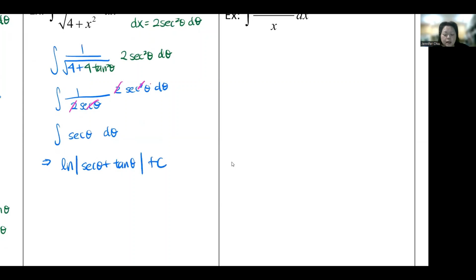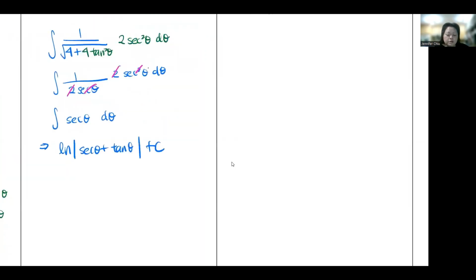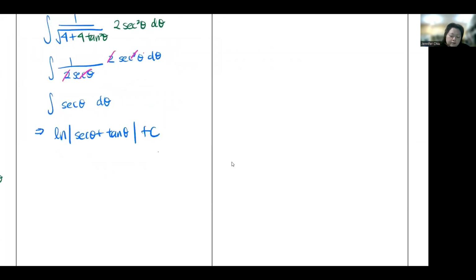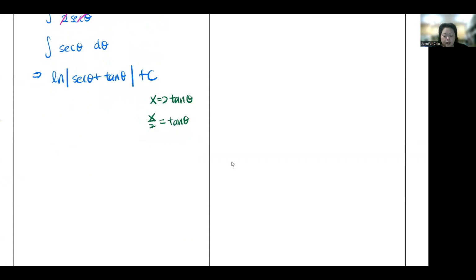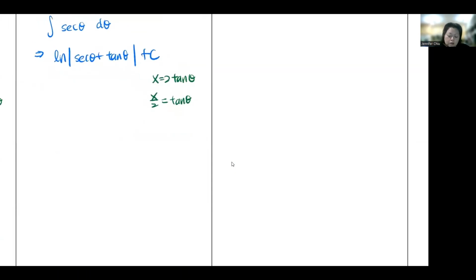Okay. Now, same as before, we can't leave our answer like this. So I've got to use my setup of x equals 2 tangent theta, x over 2 equals tangent theta, and make my triangle. So make my triangle, see the relationship. So I got opposite over adjacent. So Pythagorean theorem will be x squared plus 4, square root of that. Okay, now I can plug in.